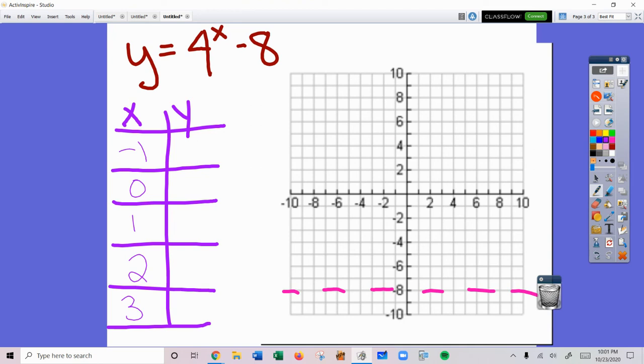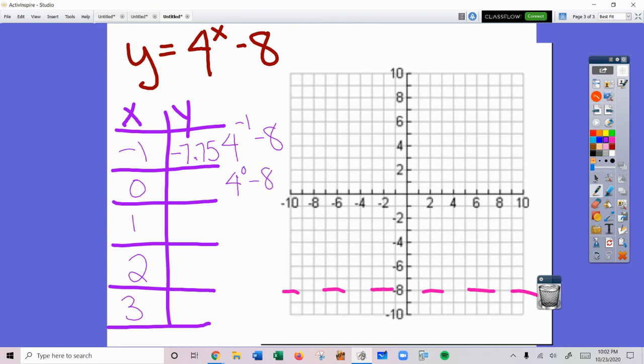Okay, so we're going to do 4, and instead of x, my x now equals -1. So 4 to the -1 - 8. When I put that in my calculator, 4 up caret -1 - 8, I get -7.75.